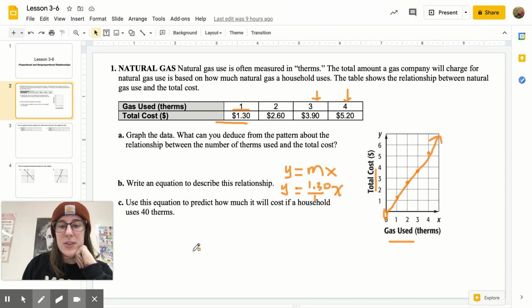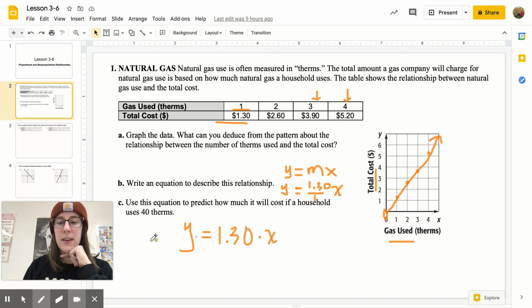Then it says to use this equation to predict how much it'll cost if the household uses 40 therms. So in our y equals 130 times the number of therms, my x equals 40. So you're just going to plug in 40 for x.